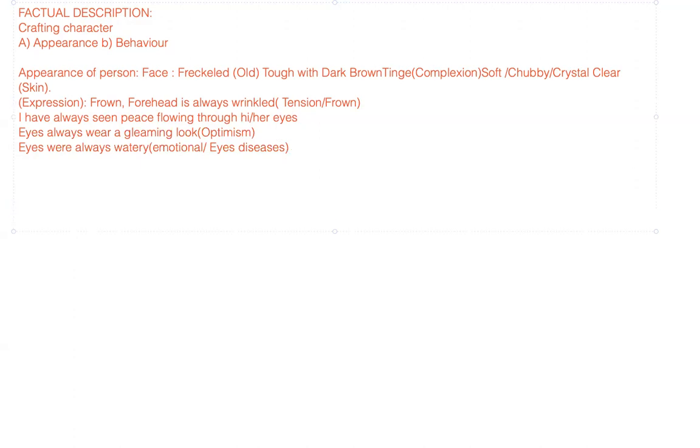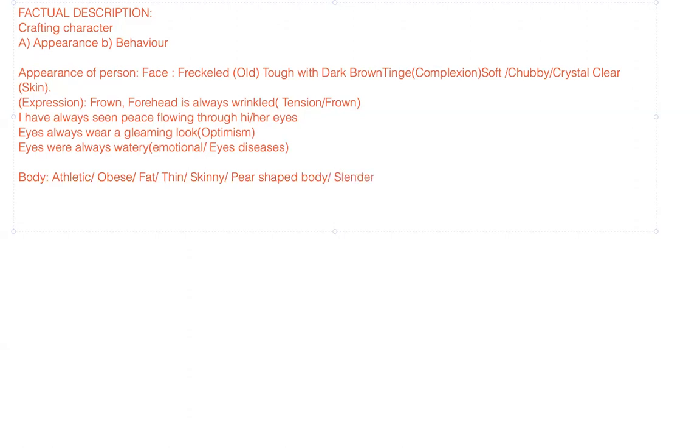Then moving to the entire body. The body can be athletic, obese, fat, thin, skinny, or a pear-shaped body, or we can say it's slender.